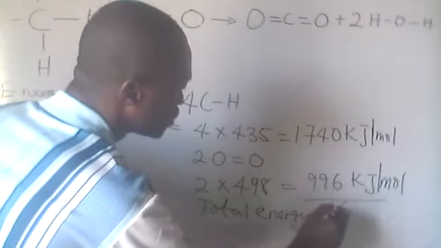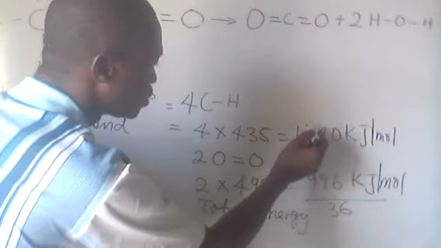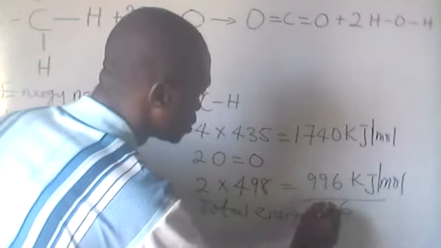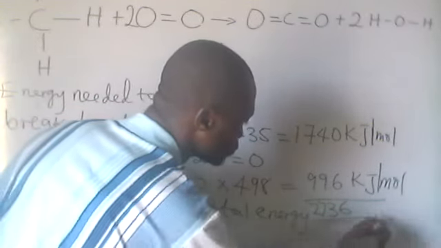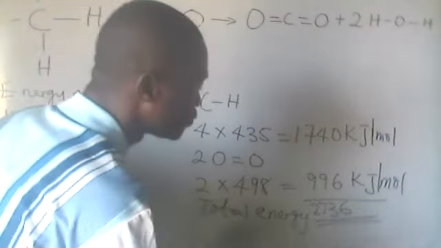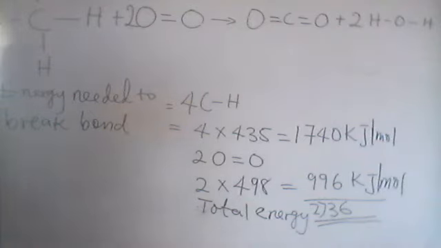This plus this will give us 13. We carry 1. This plus this will give us 16 plus 1, 27. So this is 2,736 as our total energy needed to break bond.